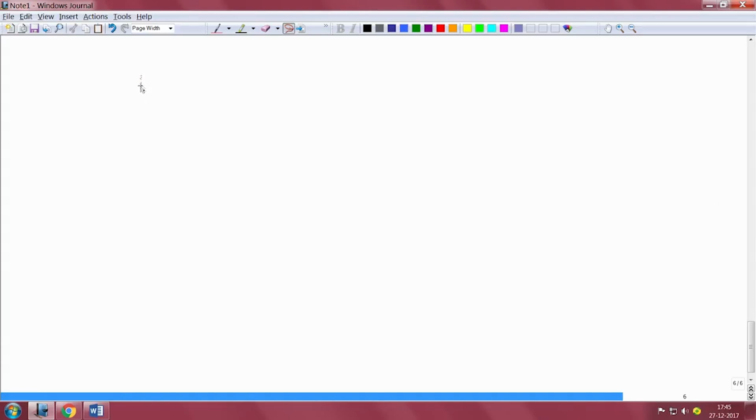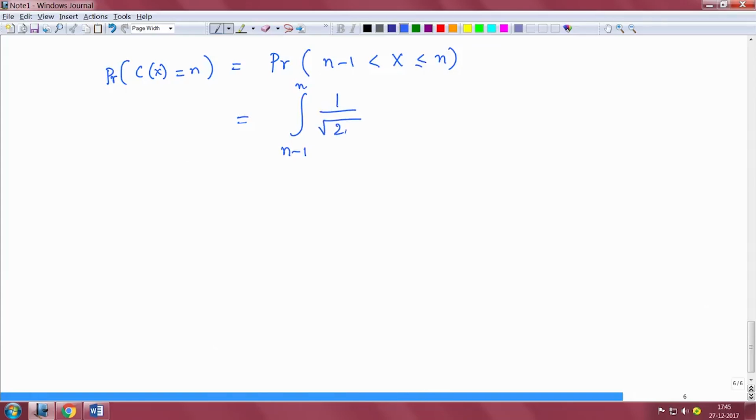Okay, so the PMF is given by, first, the probability of the ceil function taking a value n is equal to the probability that x lies between n minus 1 and n, which is equal to the integral from n minus 1 to n of the Gaussian density dx.